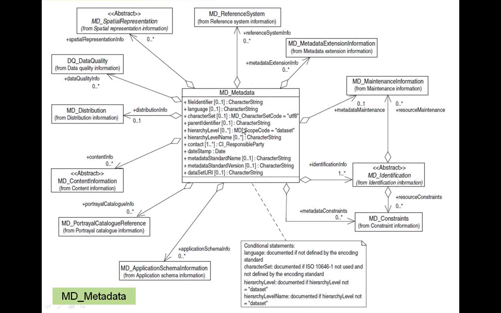If it's not data set, then this becomes mandatory. Hierarchy level name is optional, but if hierarchy level does not equal data set, then this becomes mandatory. That's how you read some of those dependencies.